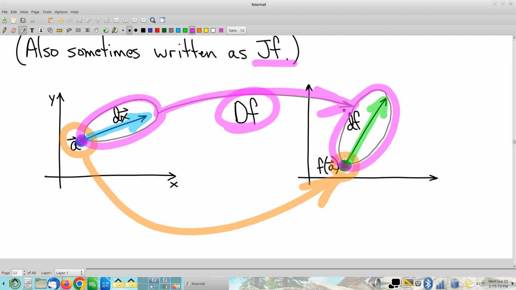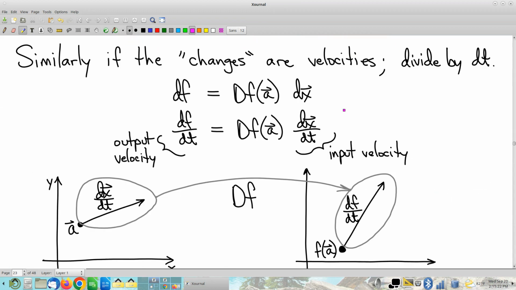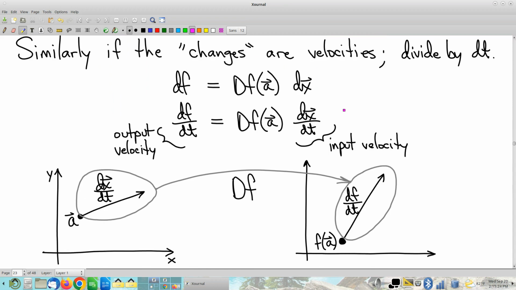Okay. Now, a twist on this. You can just take the existing equation and divide both sides by dt. I don't want to get formal about this, but intuitively speaking, we're just going to divide both sides by dt.